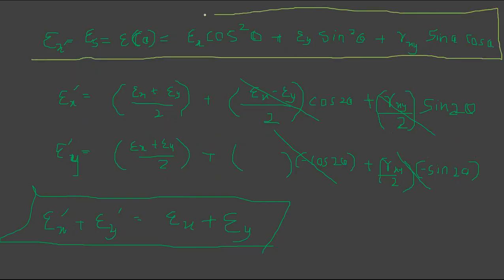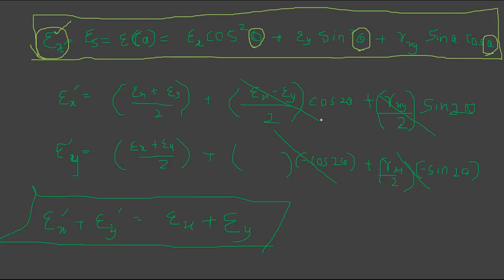Based on the angle of the strain rosette with respect to the positive direction of x. The angle is always measured from the positive direction of x, and that will give you the strain in that direction, right? So this is given by the strain rosette, and you can compute sigma x and sigma y.